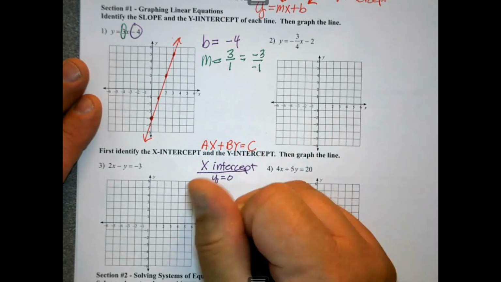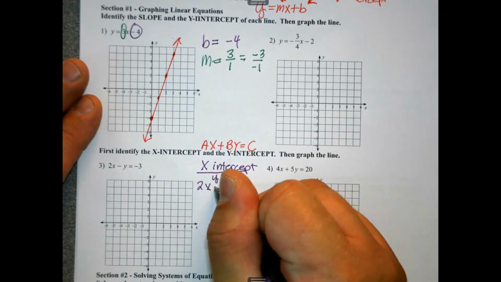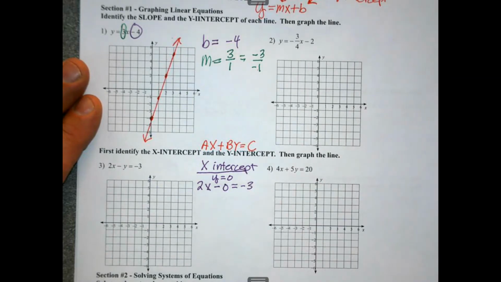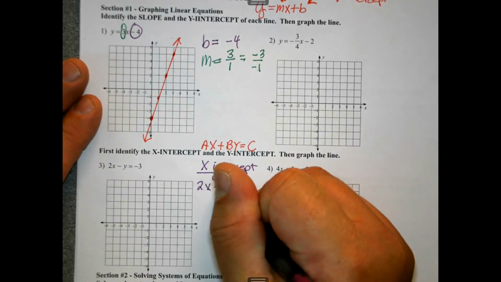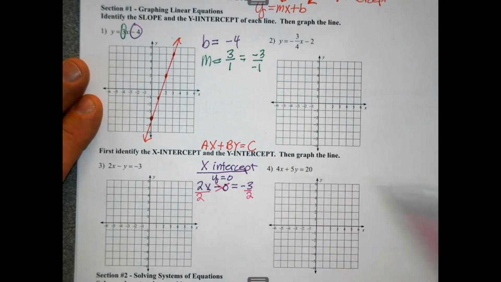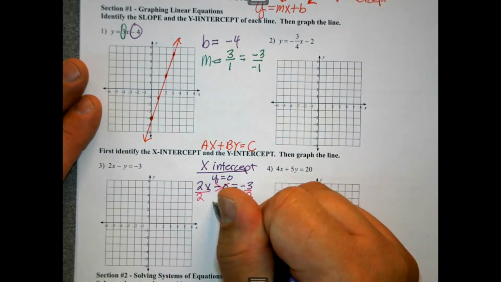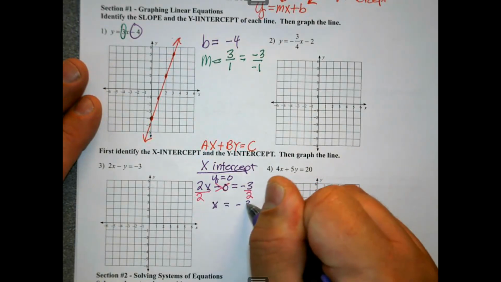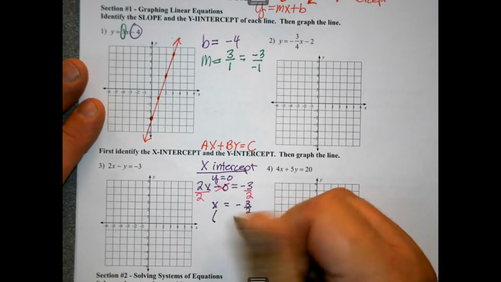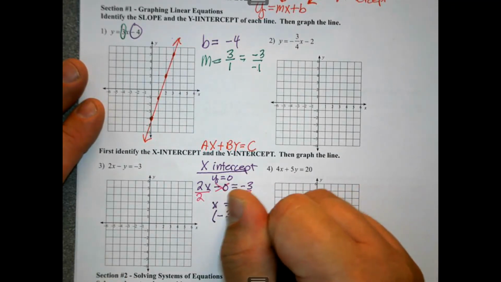So I have 2x minus 0 equals -3. So I'm going to divide both sides by 2. So x is going to equal -3/2, or you could use the point in ordered pair form, -3/2 comma 0.